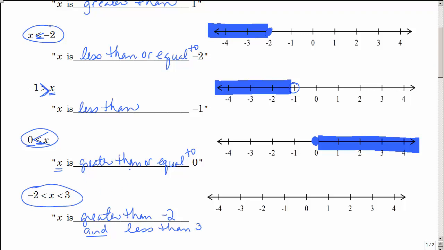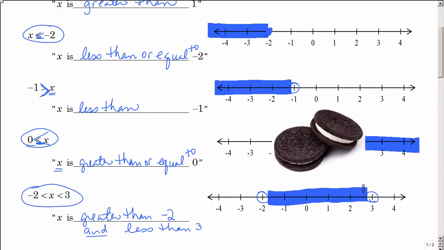Another way you could say is that x is between negative 2 and 3. So again, we don't have any of that equal to part, so I want open circles on both, and then x is between. I always think about an Oreo cookie, which I just love. And so x is the stuffing in the middle, and then your negative 2 and 3 are the cookies.